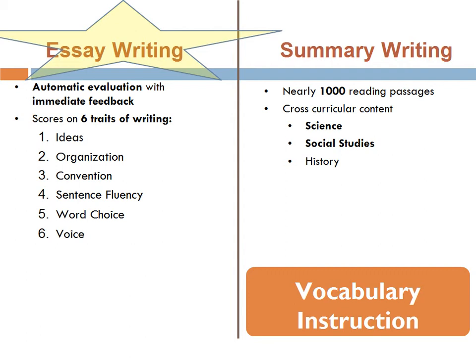And we have evidence that shows that the use of the summary writing component has been shown to increase a student's reading comprehension skills by 1 full grade level in as few as 4 to 6 weeks. Again, it's really become a very popular component within WriteToLearn. And I know that has a lot to do with Common Core, but also simply because summary writing is really the #1 way to improve reading comprehension skills.